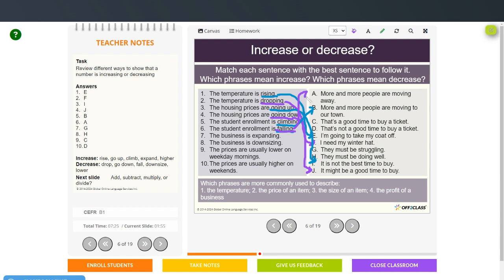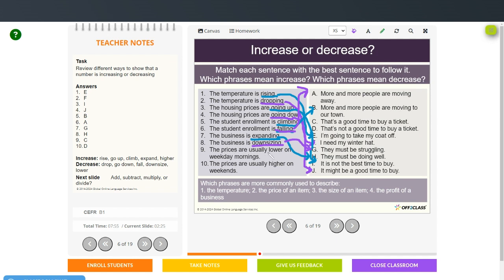More and more people are moving away. The business is expanding. Again, that is an increase. And that would go with they must be doing well. And the business is downsizing. They must be struggling.